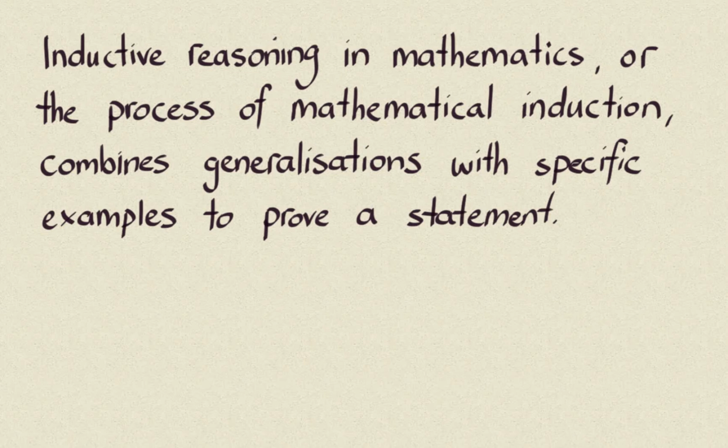This approach is useful when the only alternative seems to be trial and error, or that is when we have to test specific values. So what we're going to do now is compare two statements using a trial and error approach.